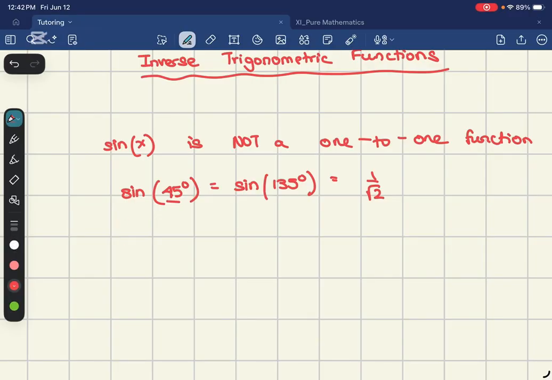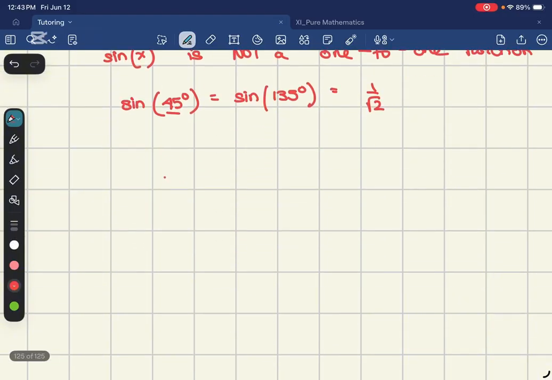So sine pi by 4 in radians is 1 by root 2, and sine 135, which is sine 3 pi by 4, is also 1 by root 2, right? So that means we have 45 degrees and 135 degrees, two inputs mapping to the same output. So it is actually a many-to-one function.